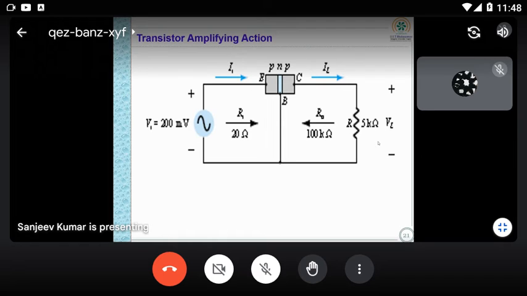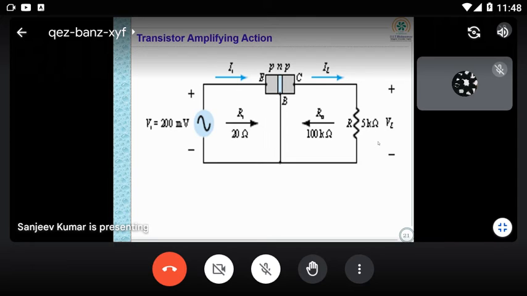Anyone? First you find out the input current, and input current and output current are the same, no? Because IL and IE are the same. You have seen in common base configuration. Now once you get IL, then you can find the voltage VL, IL into R.